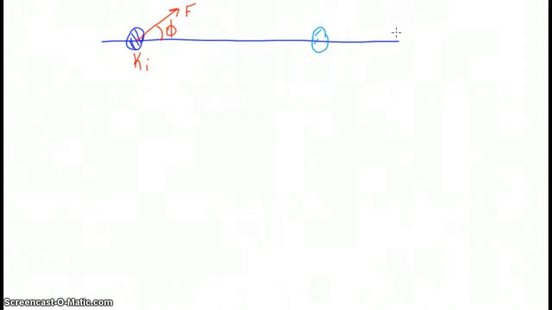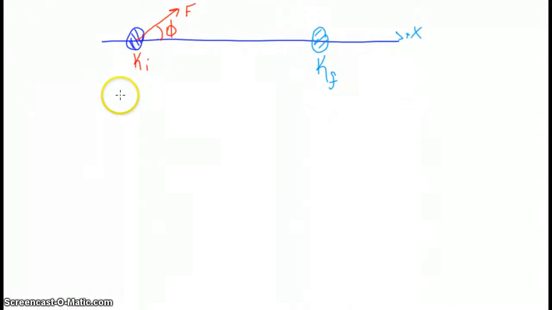That string is in the positive x-axis. So at some point later, further down the string, we have a new velocity, and that gives us a new kinetic energy, what we're going to call our kinetic final. And so the question is, what has happened in order for us to arrive at that final kinetic energy?